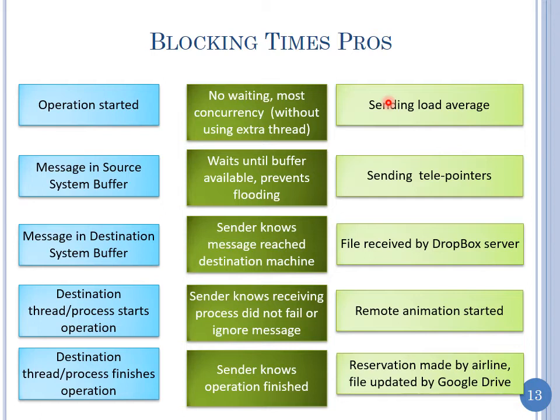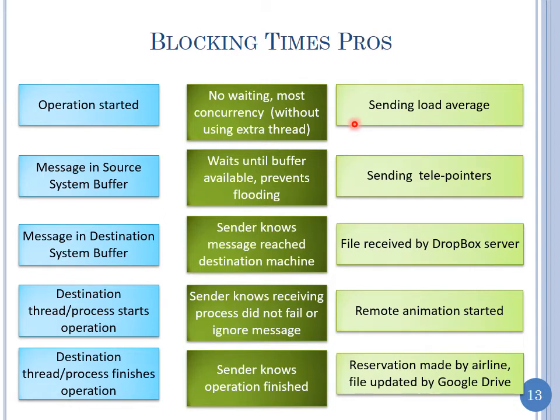And if I'm sending load averages, so let's say we have multiple grading servers for 533, and each grading server says this is how much load average says how many threads or processes I have. Let's say these are different machines. So how much I'm being used right now. I might want to send this information to other parties or to some central process, saying this is how busy I am.